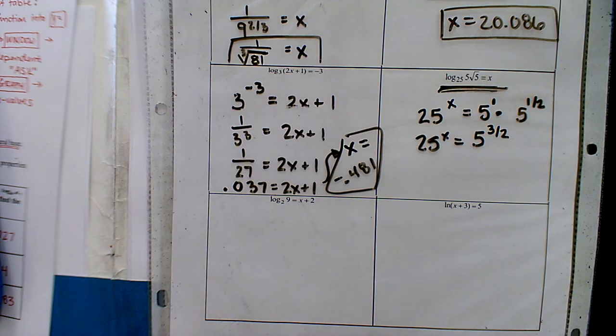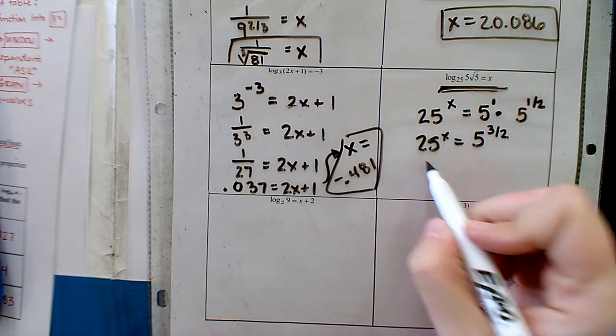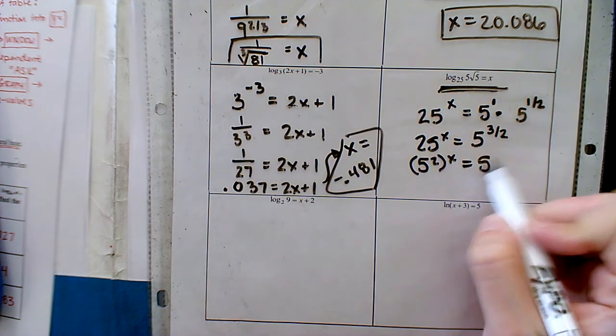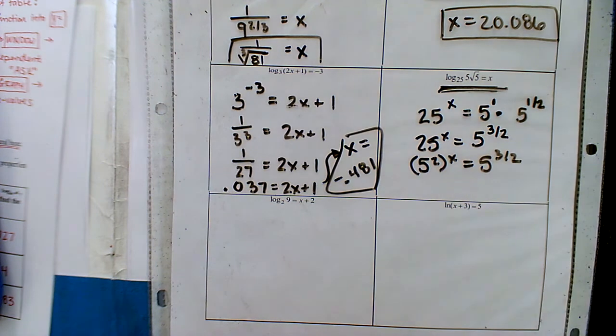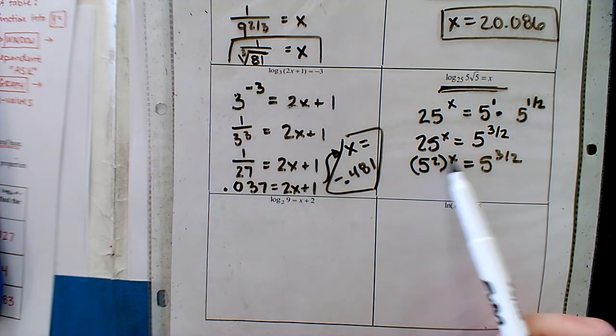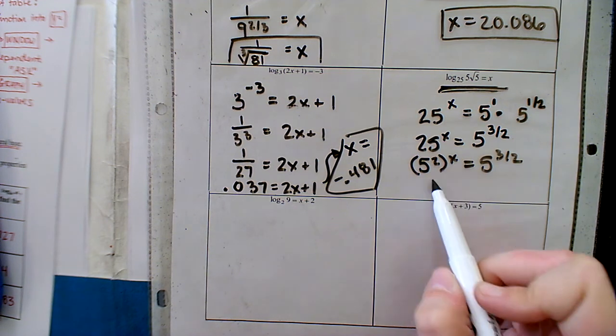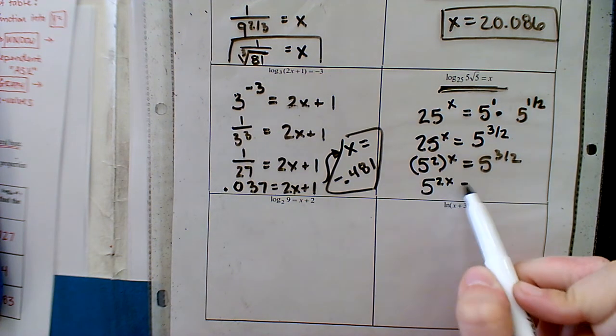Do we have any kind of intuition to go from there? Any gut feeling? Yeah? 25 is 5 squared. Okay, we can get a common base. And by rewriting 25 as 5 squared, you're using another property. We have a power to a power, so we'll multiply those together.